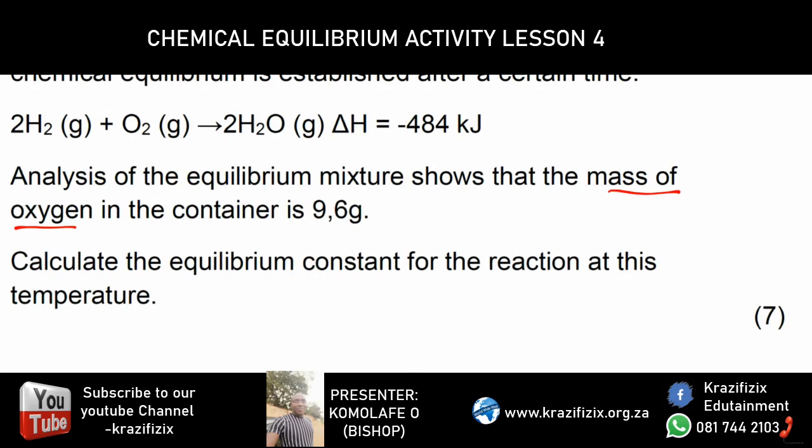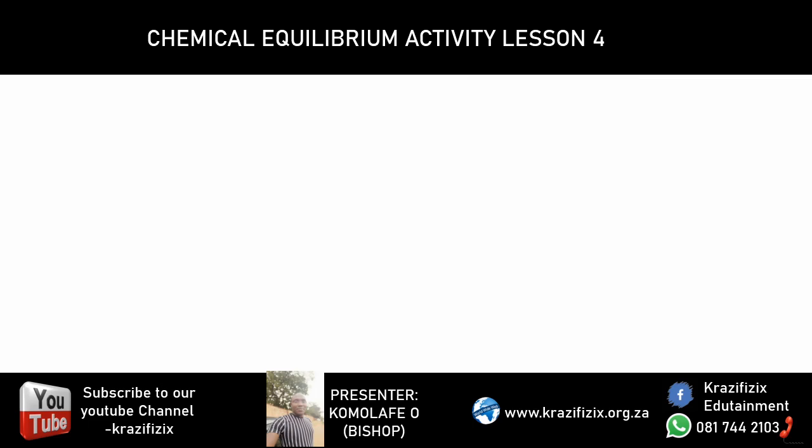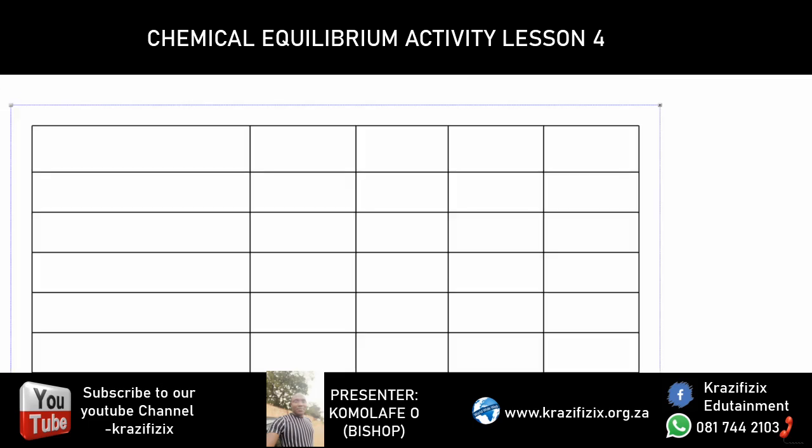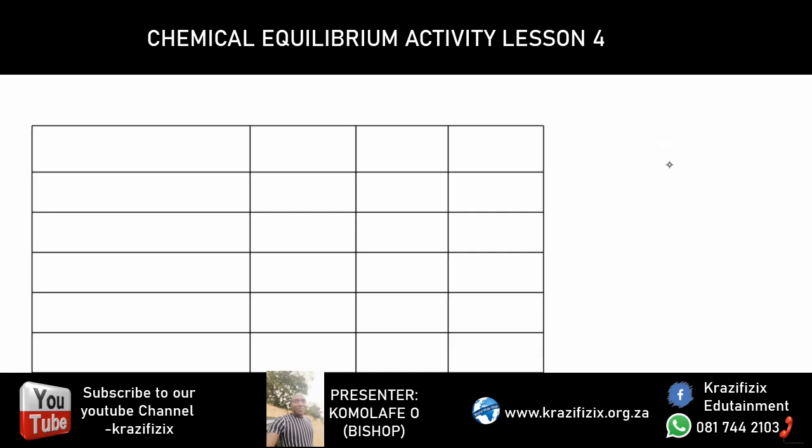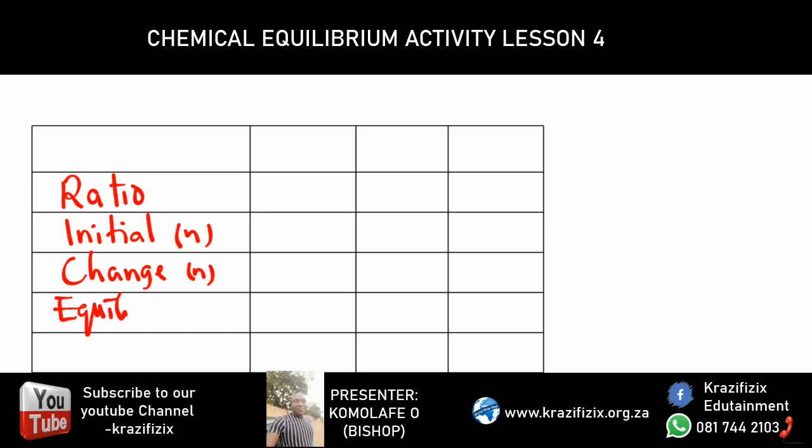Basically, I need my table. So let's quickly get the table done. I don't need this. Remember, I can deal with that. What do I have? I have my ratio, my initial number of moles, my change in number of moles, my equilibrium number of moles, and I have concentration, number of moles divided by volume.